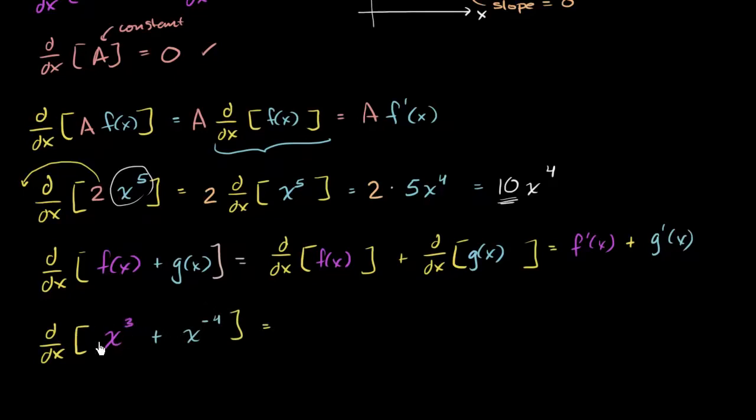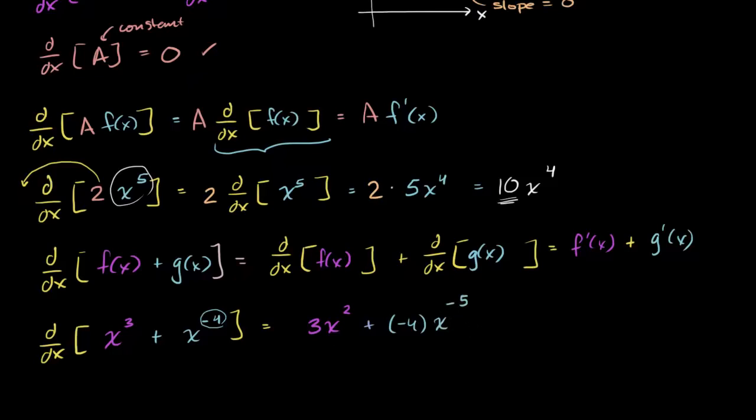So we can take the derivative of this term using the power rule. So it's going to be 3x squared. And to that, we can add the derivative of this thing right over here. So it's going to be plus, that's a different shade of blue, and over here is negative 4. So it's plus negative 4 times x to the negative 4 minus 1, or x to the negative 5 power.